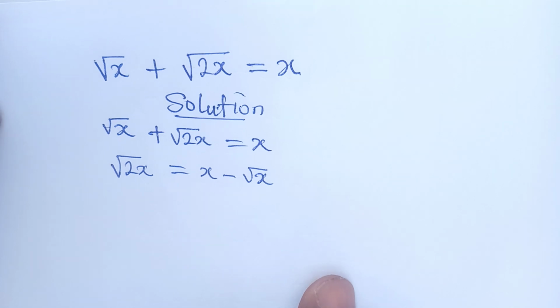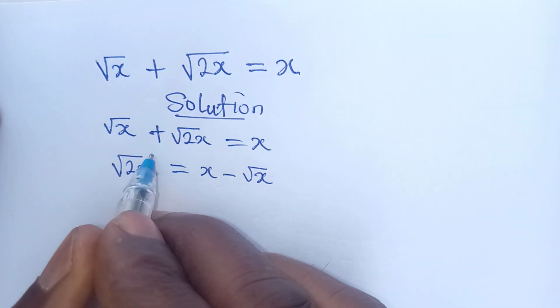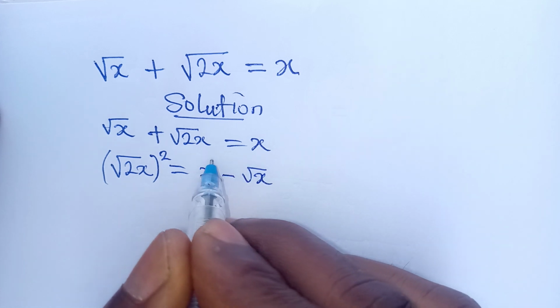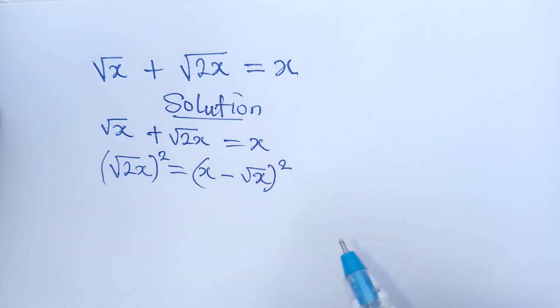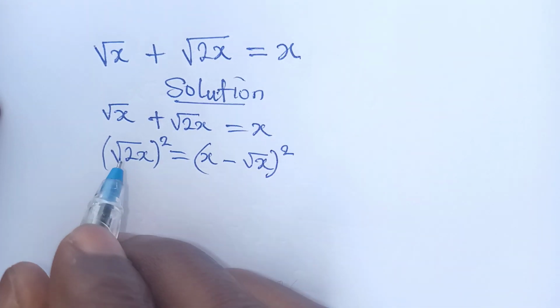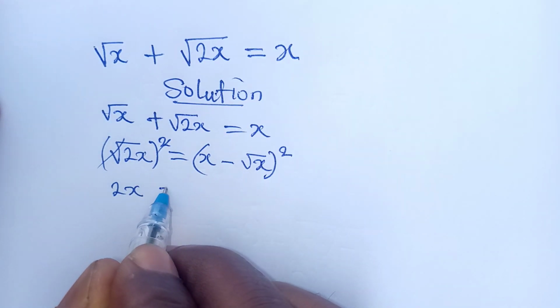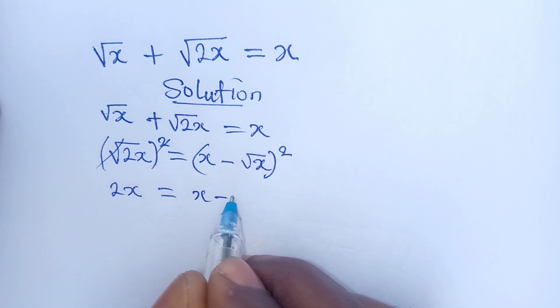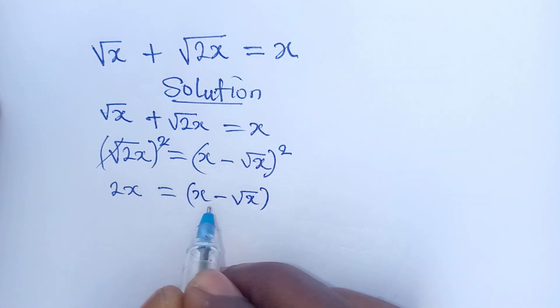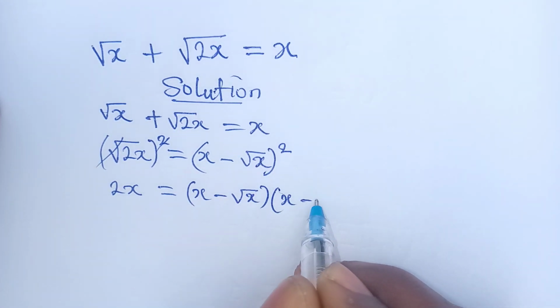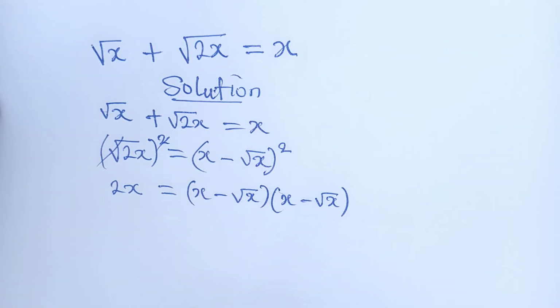Now from here, the next step is to square both sides. So the whole of this will be squared, right? So that way this will go with this, and 2x will be equal to x minus square root of x multiplied by x minus square root of x.